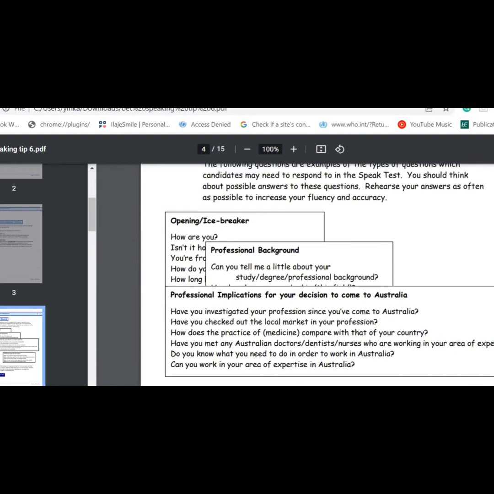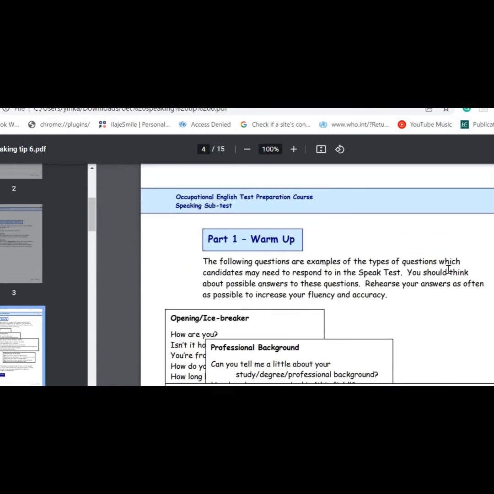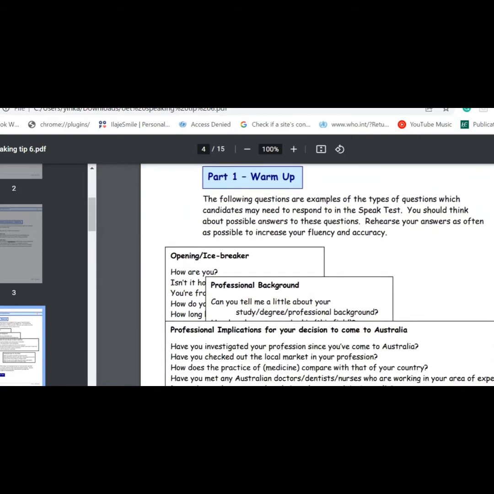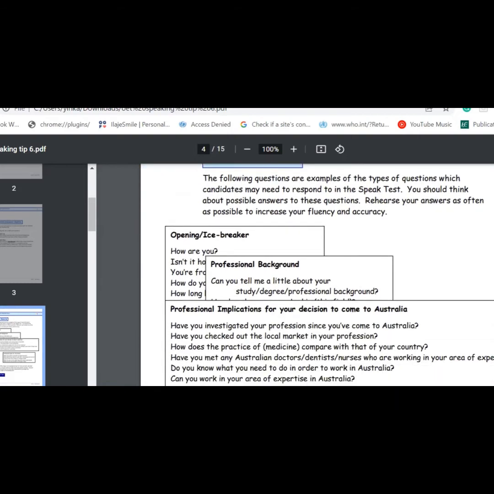Again, for the warm-up questions, I'm not going to be dwelling much on this because, like I said, it's not scored. But it's important that you rehearse your answers as often as possible, because this will increase your fluency and accuracy. As an icebreaker, they can ask you, how are you? They can ask, can you tell me a little about your study or about your background?